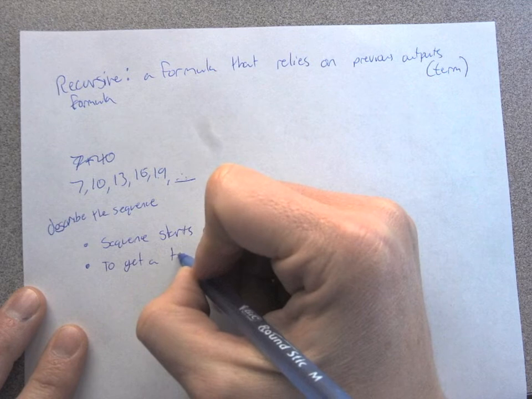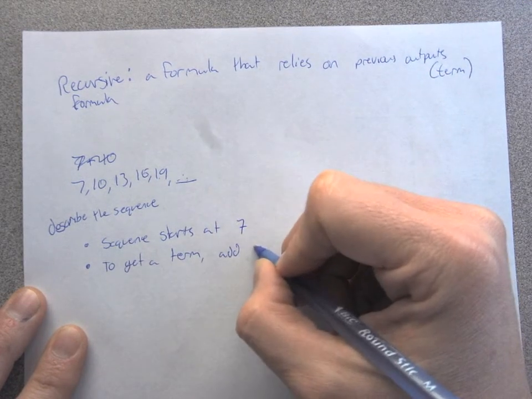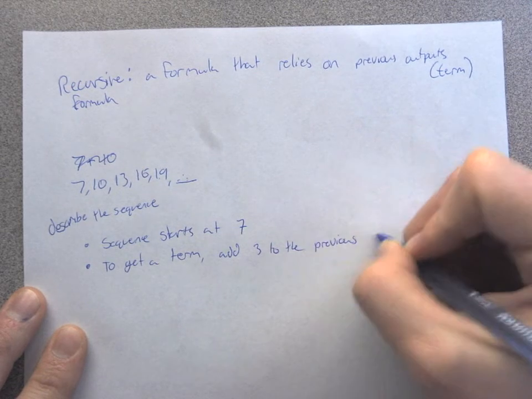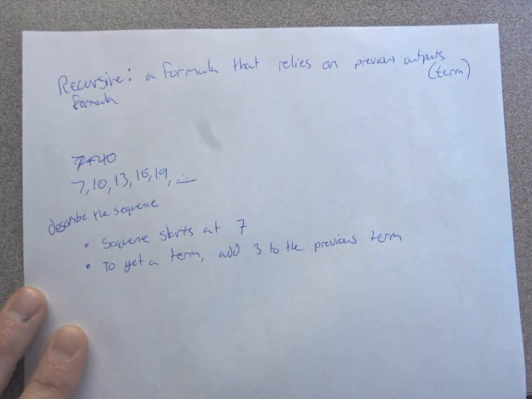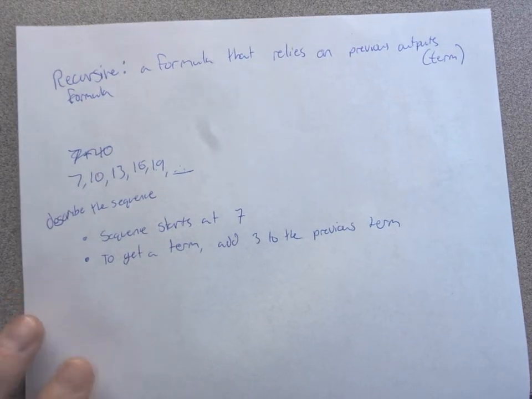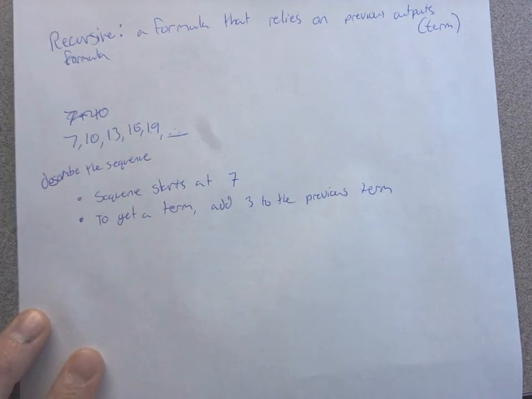To get a term, add 3 to the previous term. Okay? We're trying to represent this in words so that it will make sense when we represent it with a recursive formula.